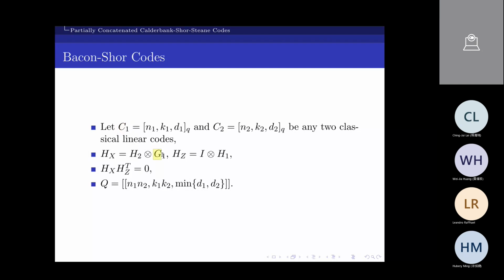Because the product of G1 with the transpose of H1 is equal to the zero matrix, the product of HX and the transpose of HZ also satisfies the dual containing constraint. Then we can obtain a stabilizer code with the parameters like this.